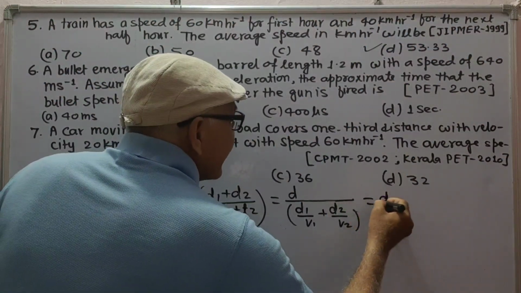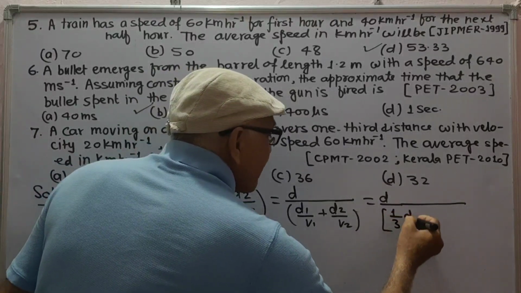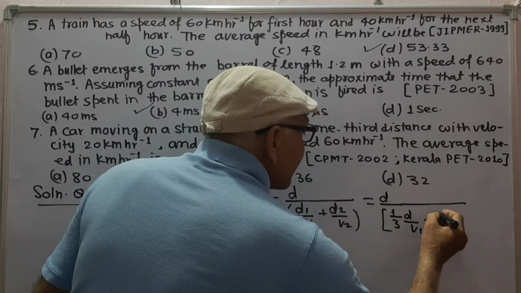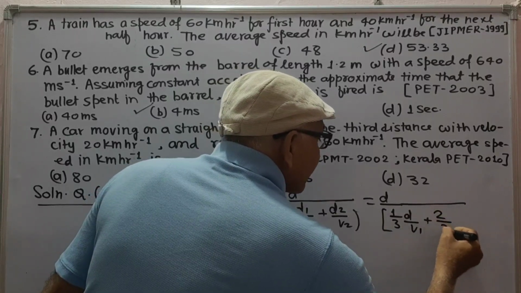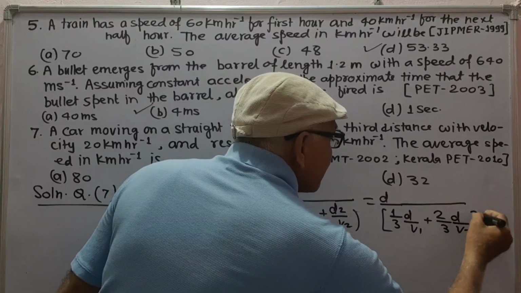This is d upon, d1 is 1/3 d upon this v1, plus d2 is 2/3 d upon this v2.